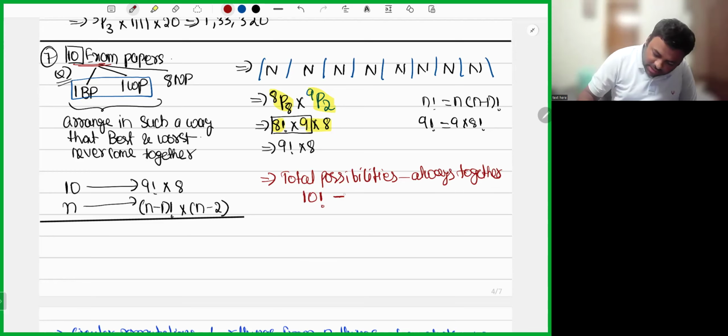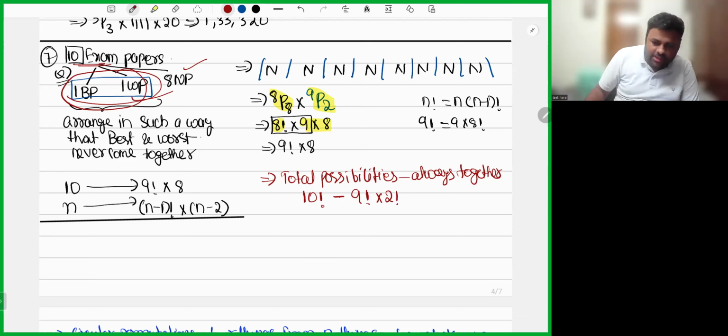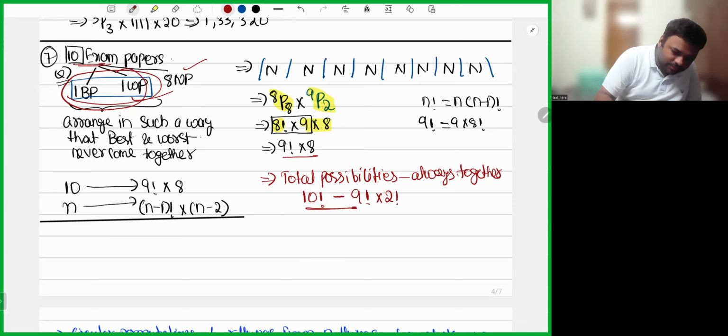So best and worst, I'll assume them as 1 unit. So 8 units plus 1 unit, 9 units. Can best and worst interchange among themselves? Yes, with 2 factorial. You can check that 9 factorial into 8 and this one both will give you the same answer.